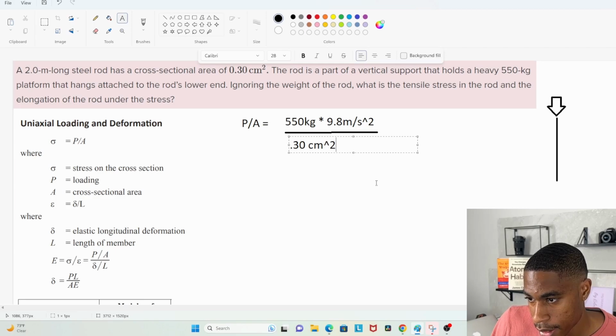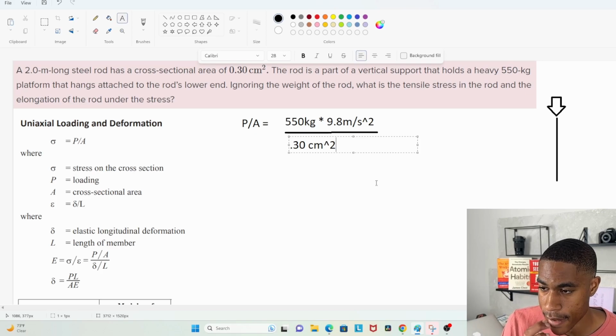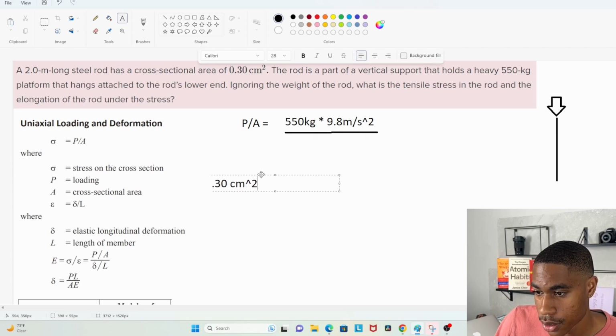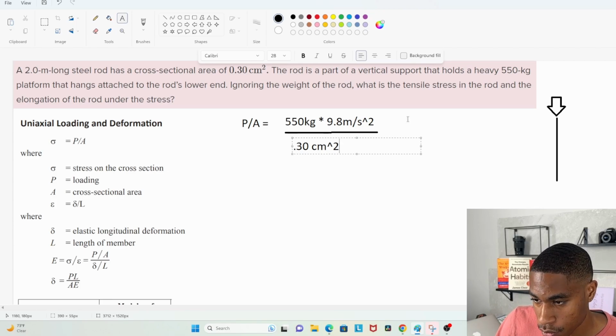But we cannot just use this 0.30 centimeters squared. We need to convert that to meters squared so that our units will cancel.